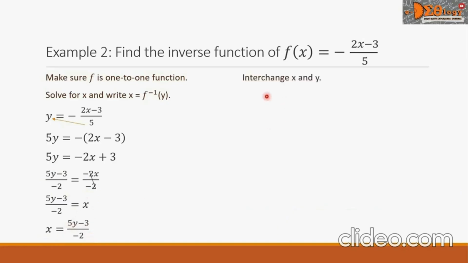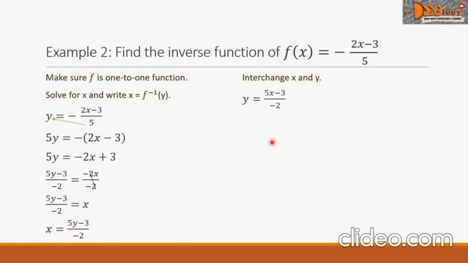For step 3, let us interchange x and y. It means we will copy again this function, but we will change all x into y and all y into x. So you see now, the x here becomes the y and the y becomes x.